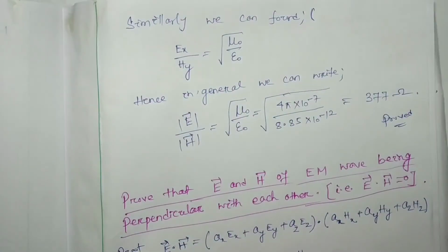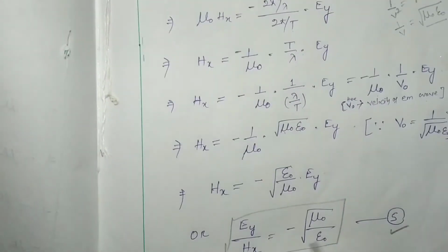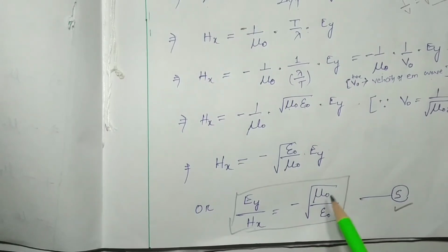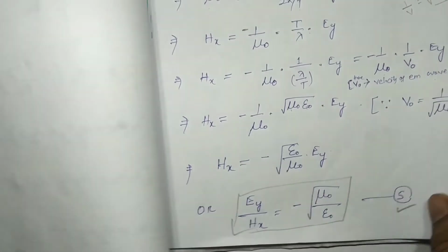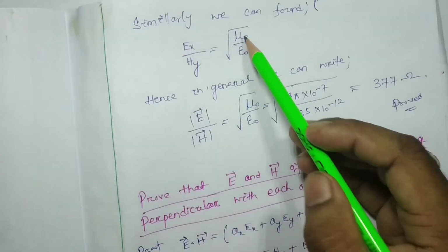Previously we considered the electric field along the y-axis and the magnetic field along the x-axis, so we found minus root over of mu 0 by epsilon 0. If we consider the reverse, then we find plus root over of mu 0 by epsilon 0.